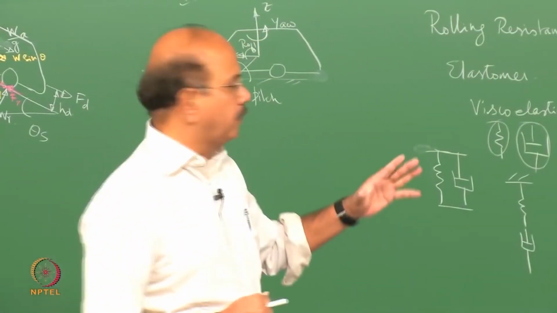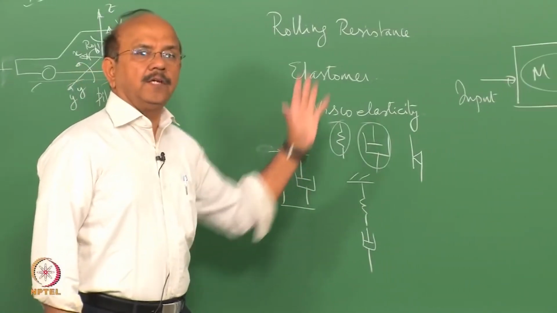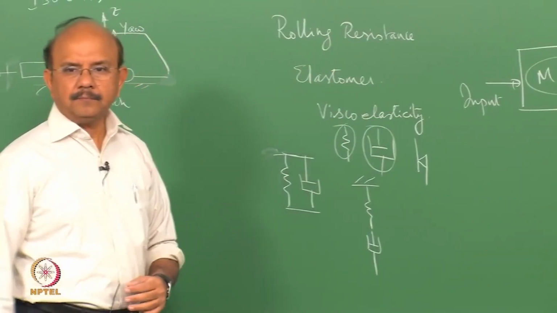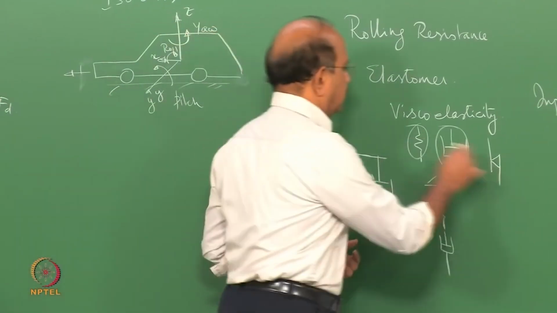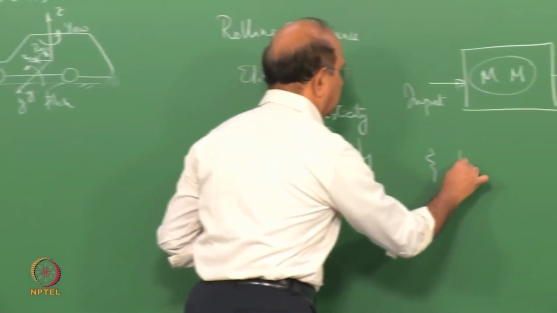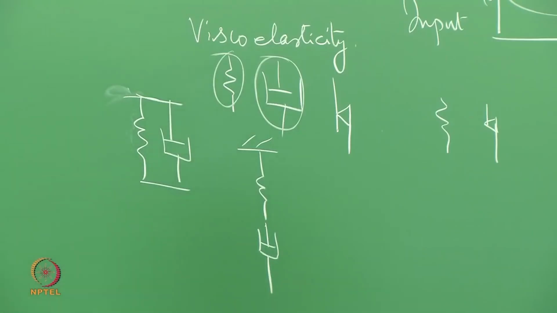For example, if you have a metal which you are taking into the plastic region, then I can model this metal using that spring and the friction element.